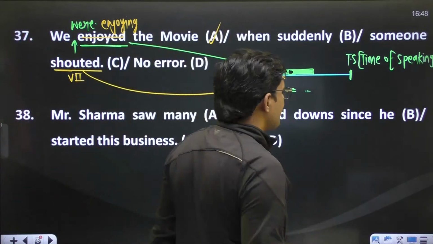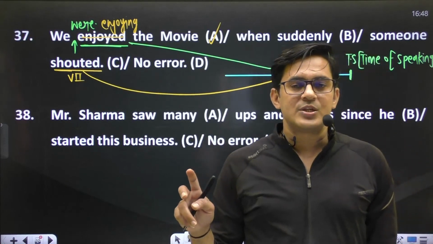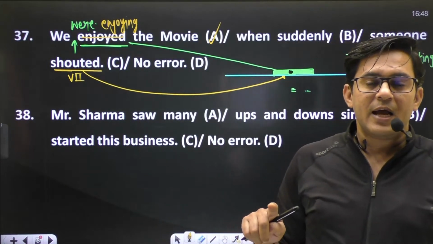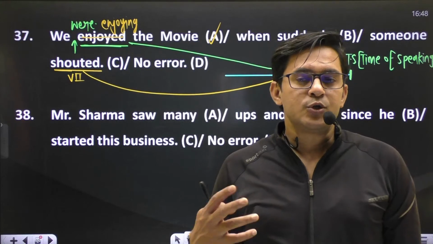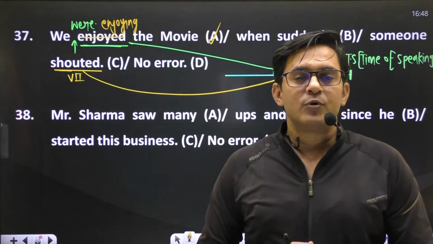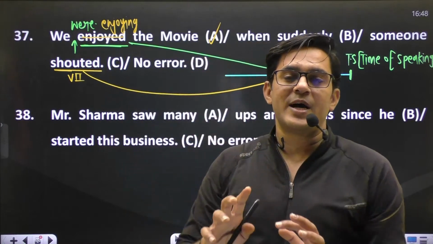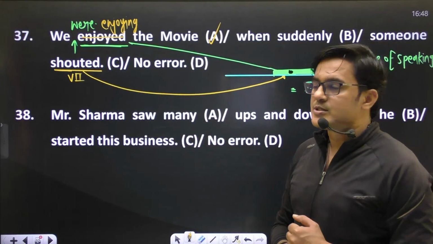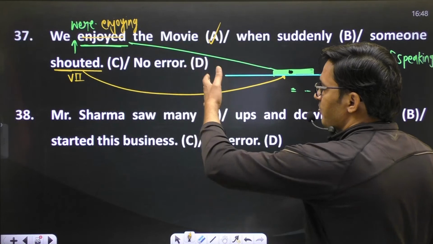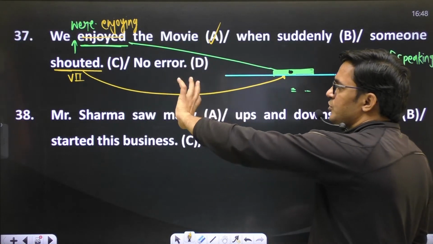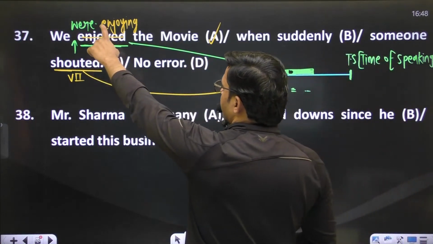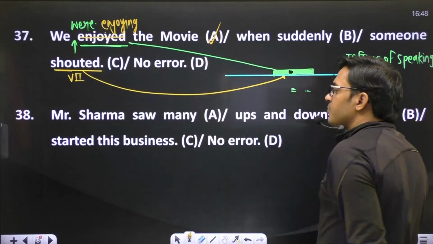So this is the concept of conjunctions like when and while. When and while are used to show actions which were going on in the past when another happens in the middle of those continuing actions. So this is the combination of past indefinite and past continuous. Error is in part A.